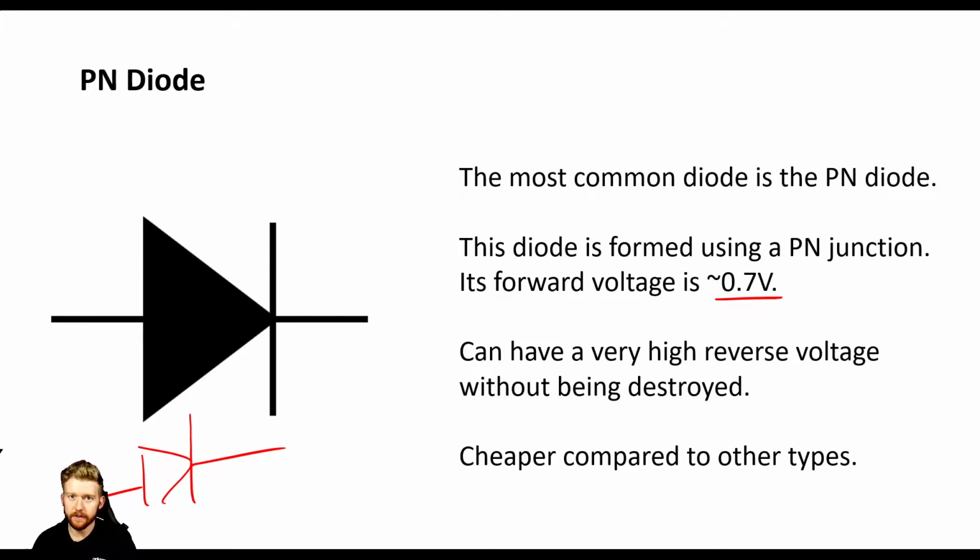Now, what's very good about these guys is that they can have a pretty high reverse voltage before being destroyed. So if you remember our full bridge rectifier from before, that has to withstand reverse voltages of up to 170 volts. 120 volts is the RMS, so up to 170 volts. And if it's a weak diode, it could very easily enter breakdown, start letting current conduct, which is not good.